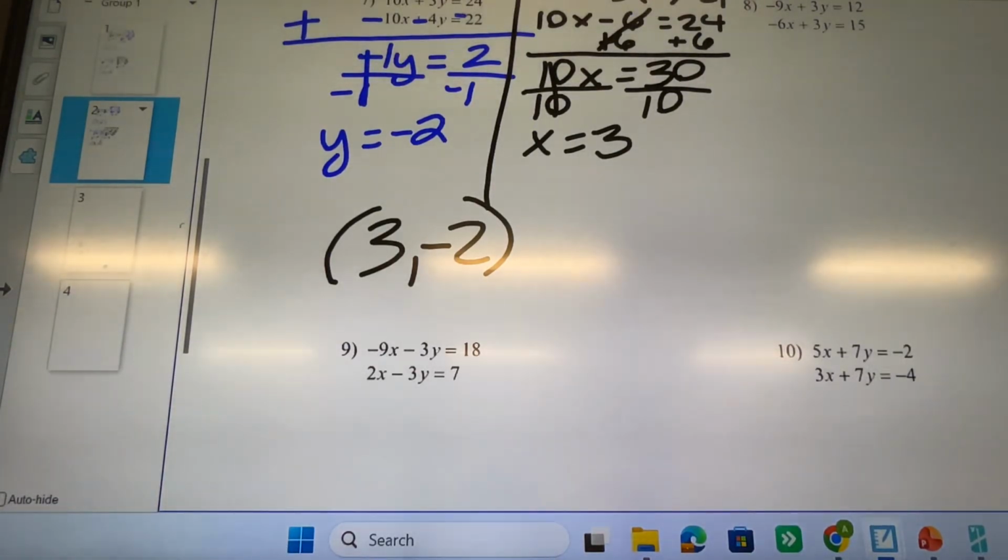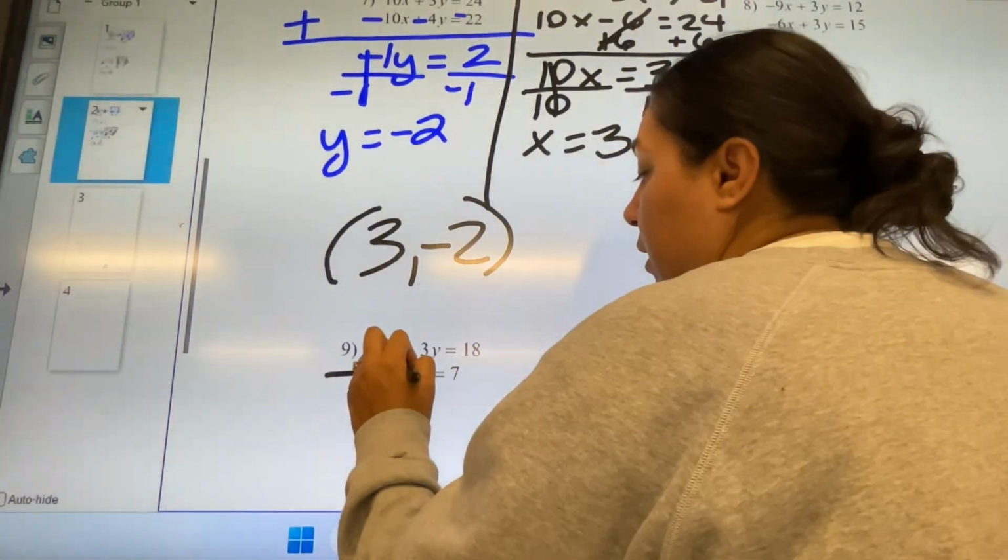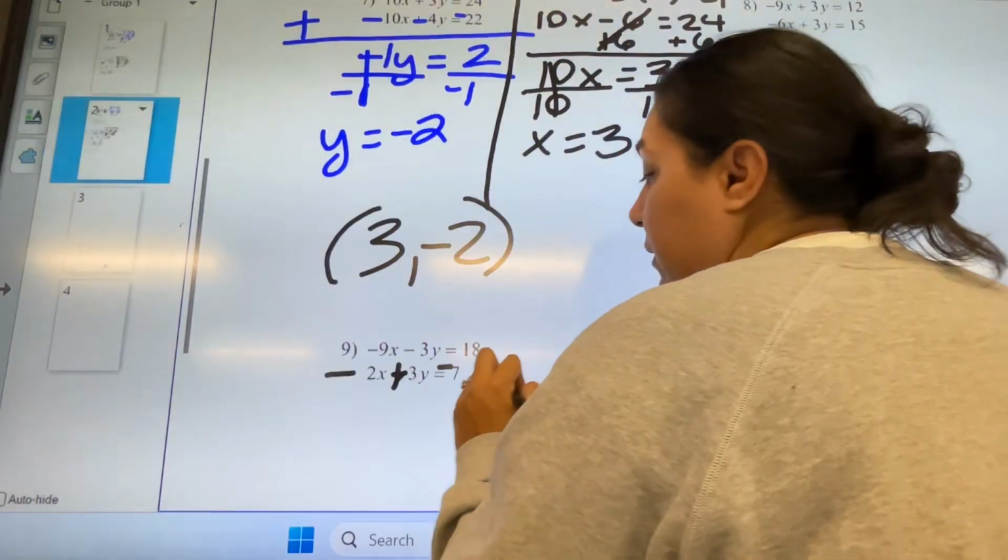Okay, number 9. Who's gonna cancel? The y's will cancel. Okay, see how they both say 3 and 3? Are the signs the same or are they different? They are the same, so that means that we need to do the change. So it's gonna be a -2, a +3, and a -7.